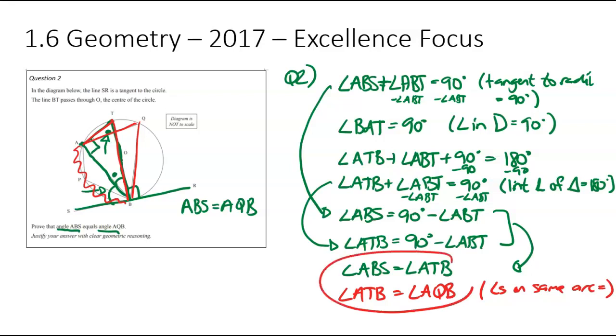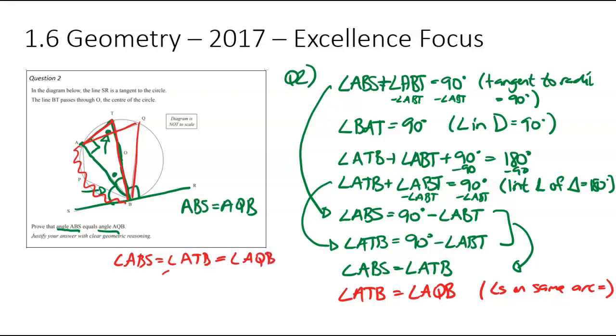So this here is telling us, moving over here, angle ABS is equal to angle ATB. That's the first thing, which is also equal to angle ABQ. And if we ignore that middle one, we've got ABS is equal to ABQ.